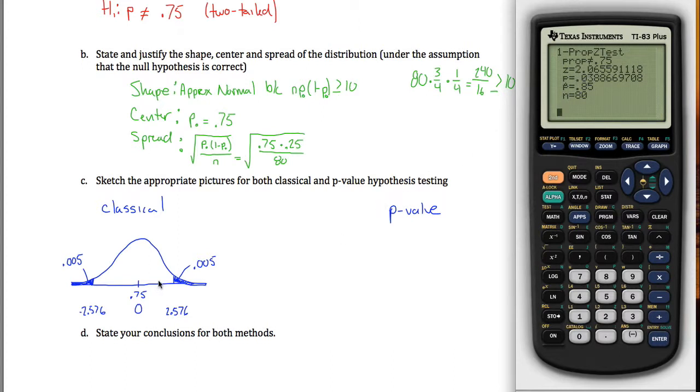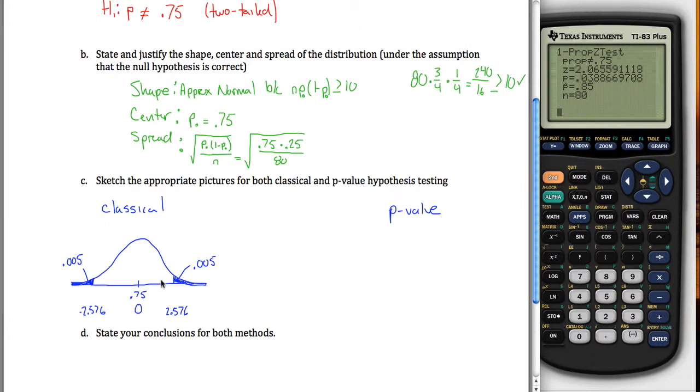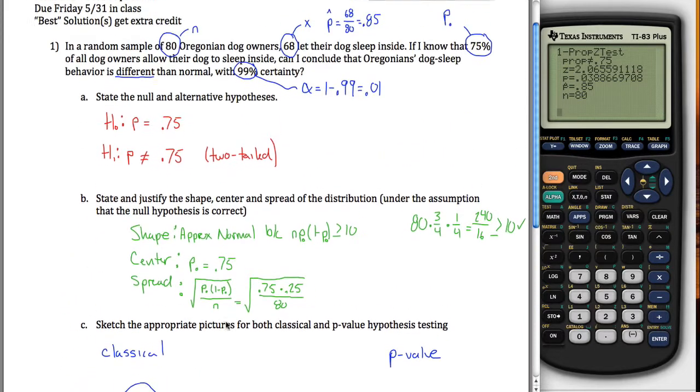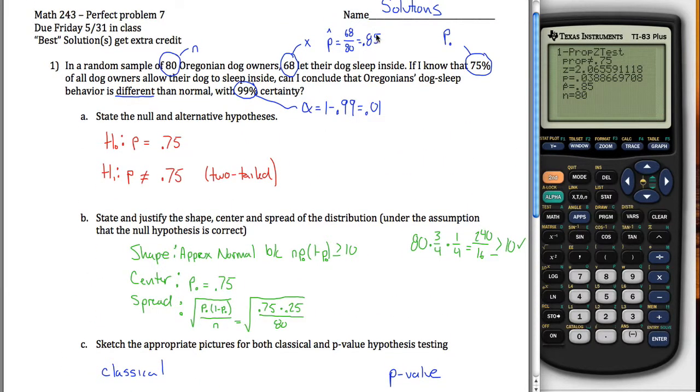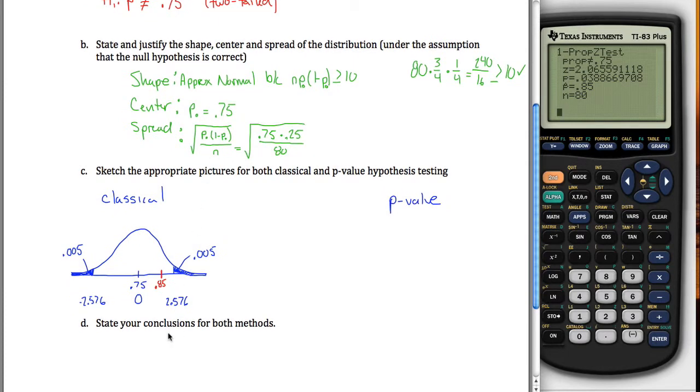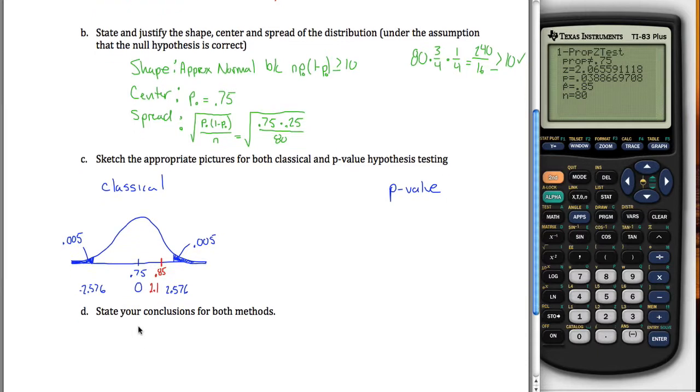It's over here somewhere. So my sample P hat, which was 0.85 up here, corresponded with the test score of, let's call it, 2.1. 2.1 is not in the rejection region. It's lower than 2.576.